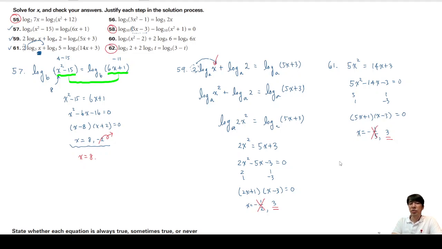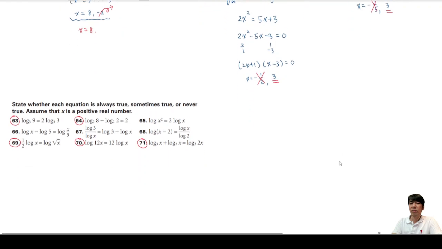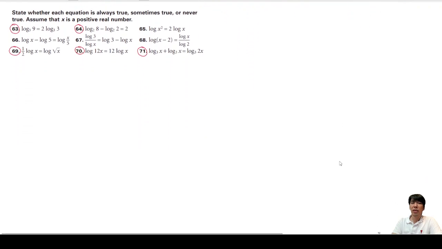Okay, let's go to the next block. State whether each equation is always true, sometimes true, or never true. Assume that x is a positive real number. You just use properties of log to prove the left-hand side is equal to the right-hand side.